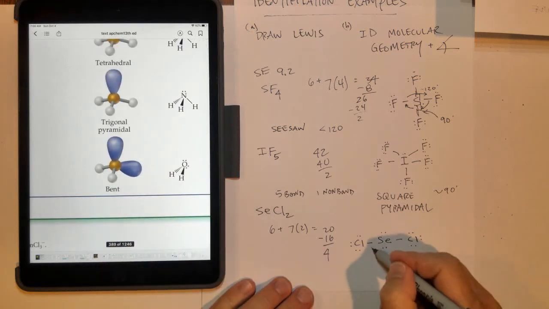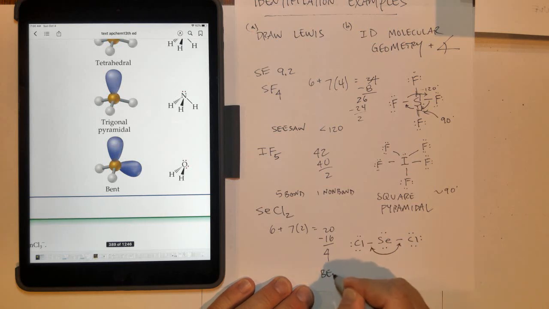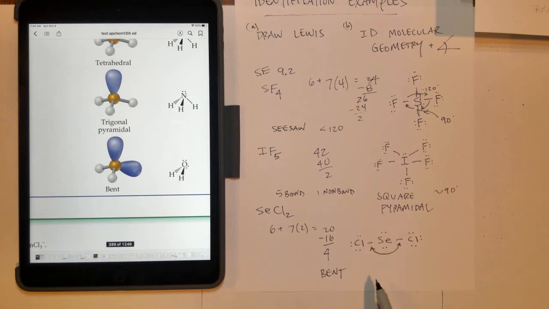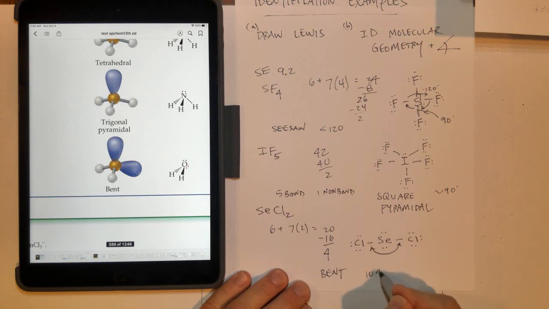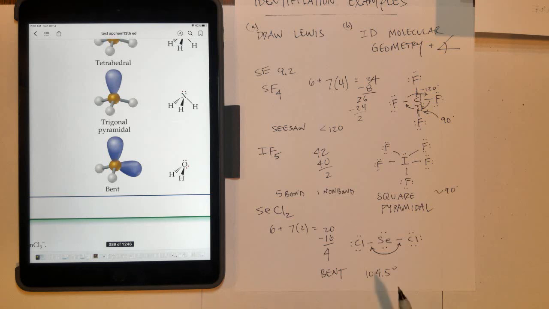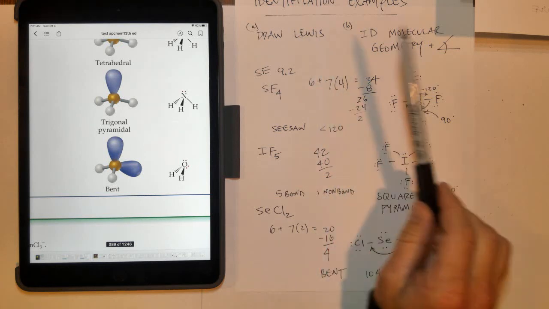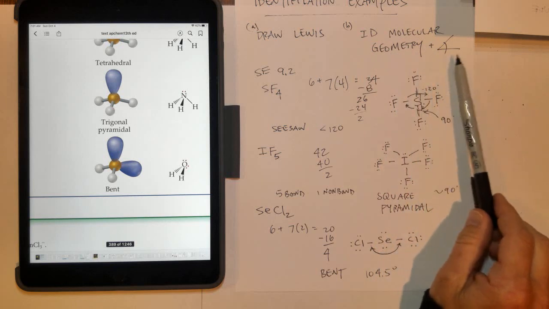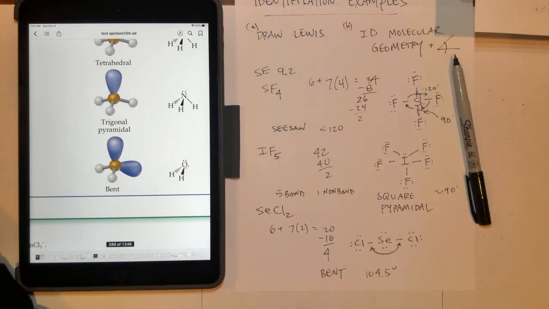And so this bond angle is actually reduced from the normal 109.5 to 104.5. So we'd expect to see a bond angle that is less than the 109.5 that we would normally have. So those are some identification examples. Become good at drawing your Lewis dot structures, identifying molecular geometry, and the angles of those species.